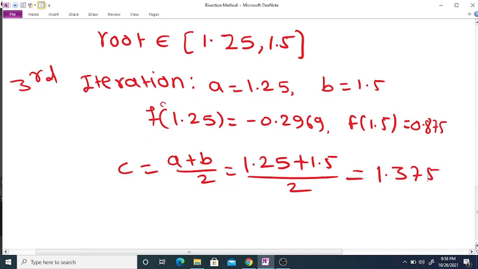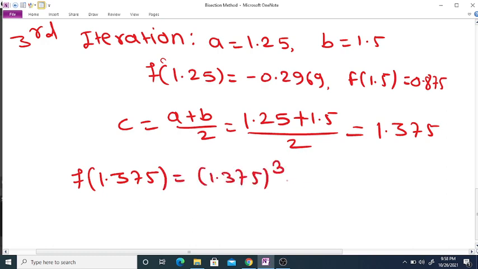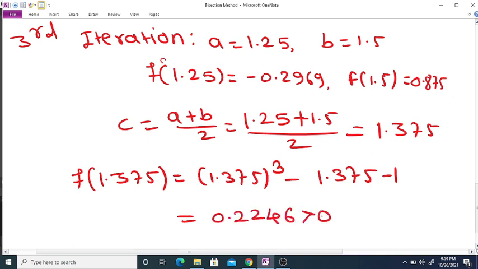So f of 1.375 is equal to 1.375 raised to 3 minus 1.375 minus 1, which is equal to 0.2246, which is greater than 0.